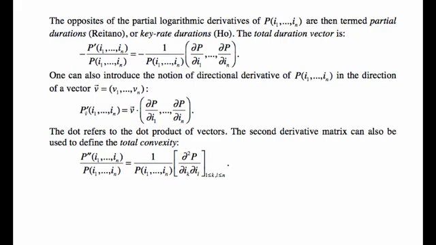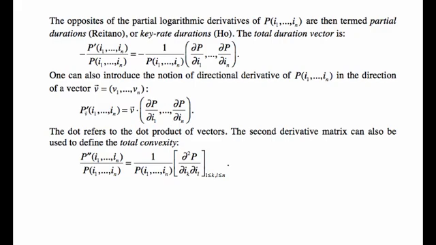And you could also introduce the notion of directional derivative in the direction of a vector by multiplying the vector of partial derivatives by some directional vector v, and that's a dot product of vectors.